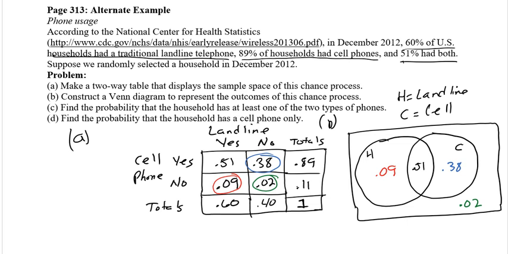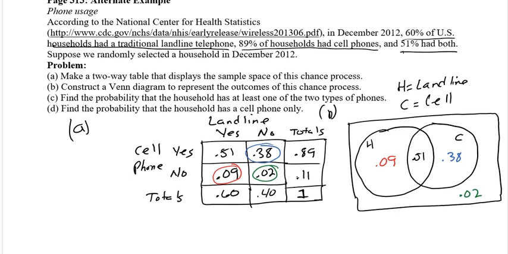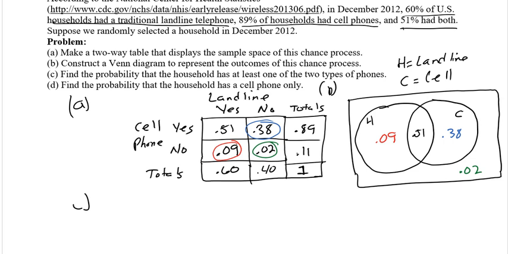Okay, find the probability that the household had at least one of the two types of phones. At least one. So if we want to know the probability that they have H or C, well, that's the probability of H plus the probability of C minus the probability of H and C. The probability that they had a landline is 0.6.